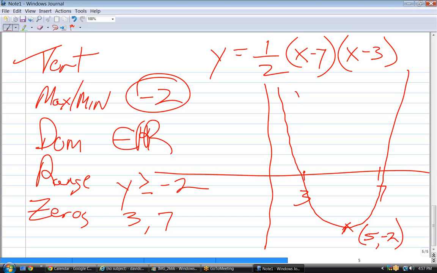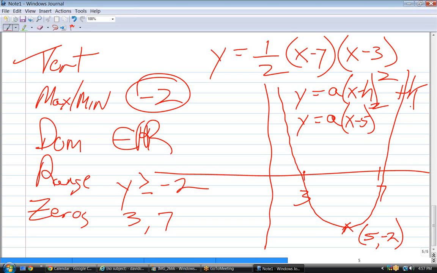If I'm trying to get it into vertex format, well, I know H and K. What point can I use to figure out A? In other words, I have to solve this for A.